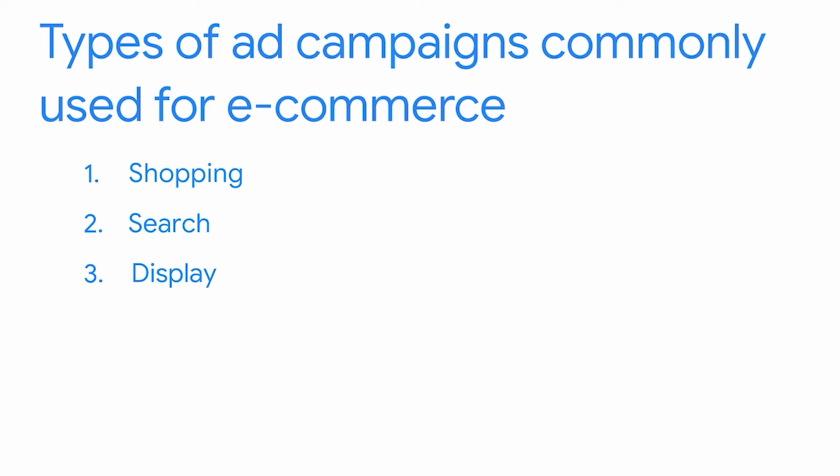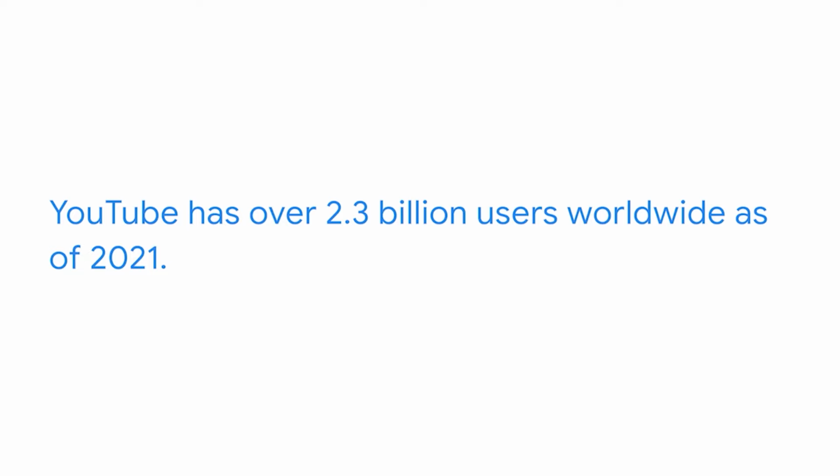Unlike shopping campaign ads, display campaigns are often artistic and use a combination of art, graphic design, photography, and typography to promote their products. Another type of campaign commonly used in e-commerce is video campaigns. YouTube has over 2.3 billion users worldwide as of 2021, according to a recent report.